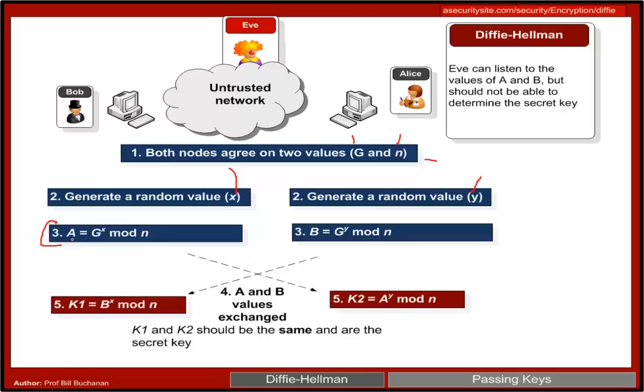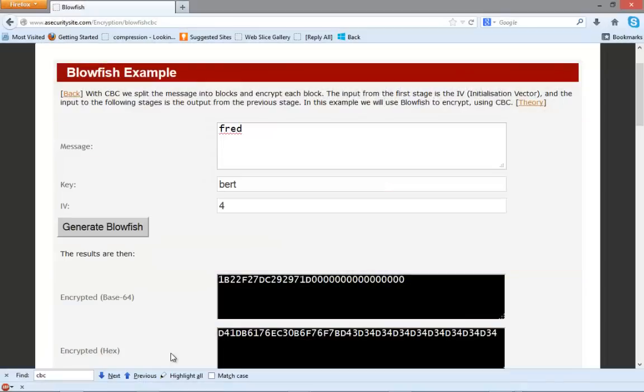Then Bob makes a calculation: G to the power of X, which is a random value, then modulus N. And on the other side, Alice does G to the power of her value, and takes mod N. Then these are sent over the line, and the value that's received is then used on the other side, and at the end of it, K1 and K2 should have the same value. So let's look at a simple example.